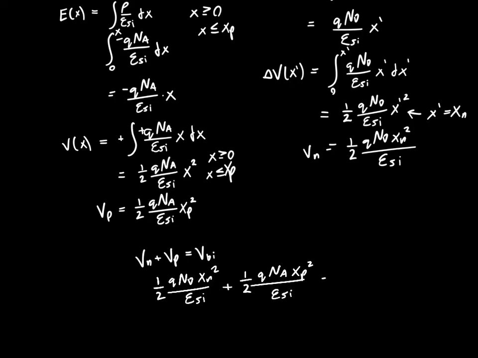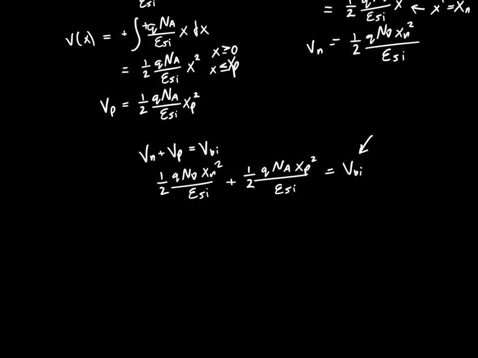And those two are equal to VBI. And we know that we can solve for VBI if we have the doping concentrations Na and Nd. I'm not going to write out here the expansion of that just because it makes this expression more unwieldy than it already is.